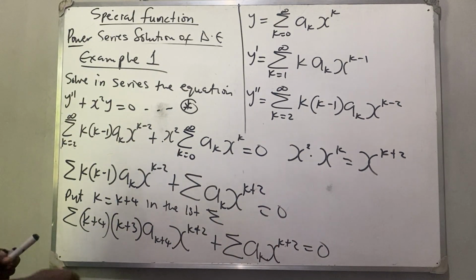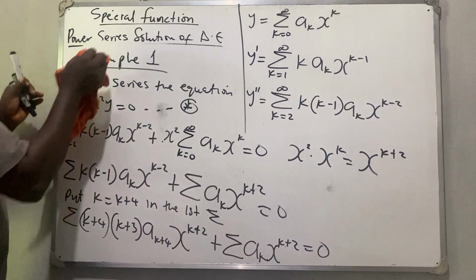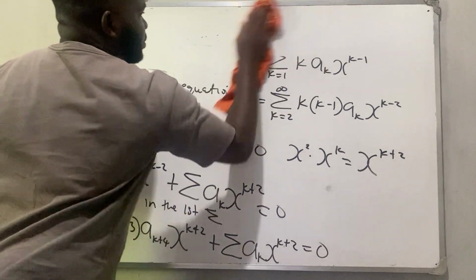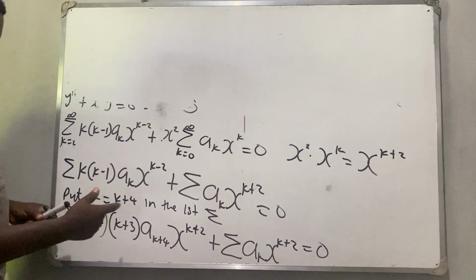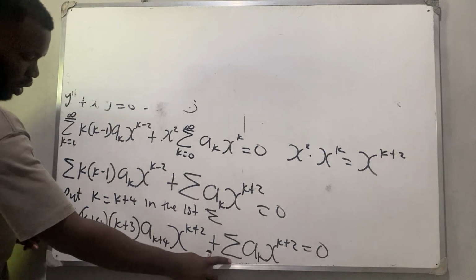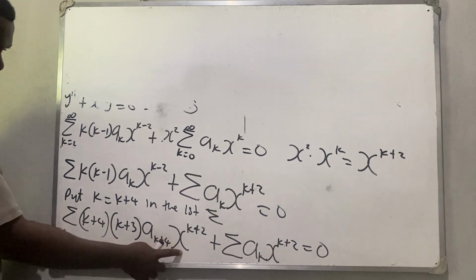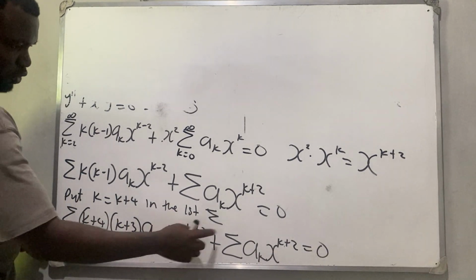So we are going to factorize. Permit me to clean everything here so that I can write above. If we factorize, they have summation in common. They have x raised to power k plus 2 in common.